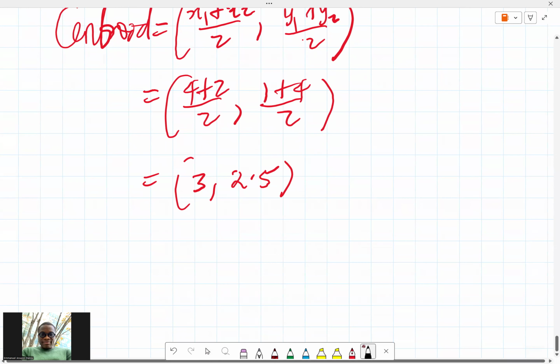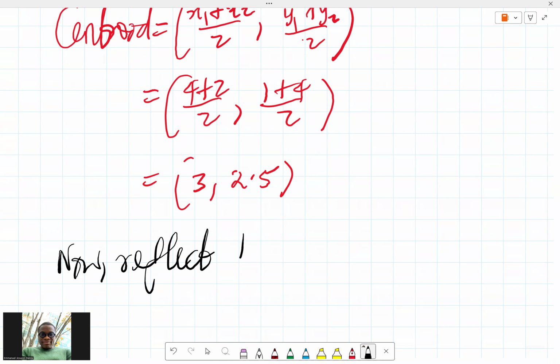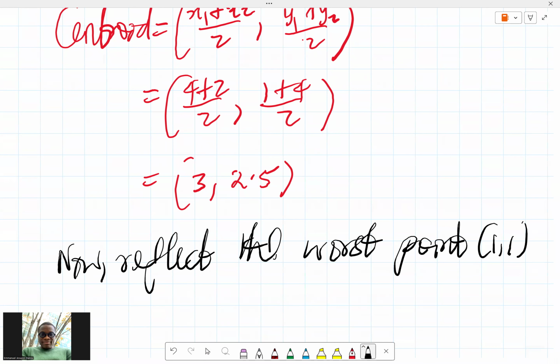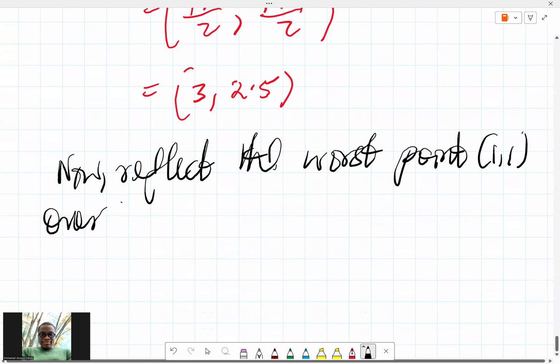What we're going to do now is reflect the worst point, 1, 1, over the centroid.